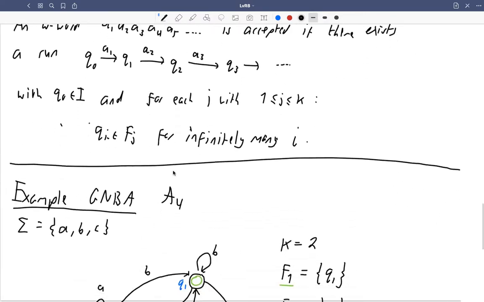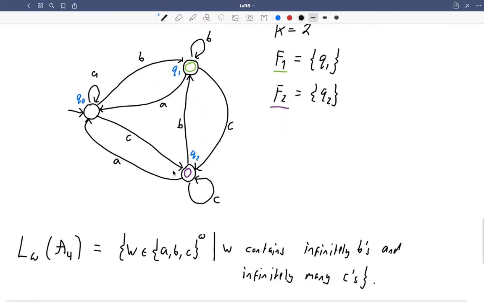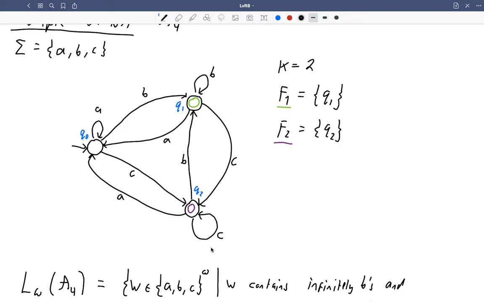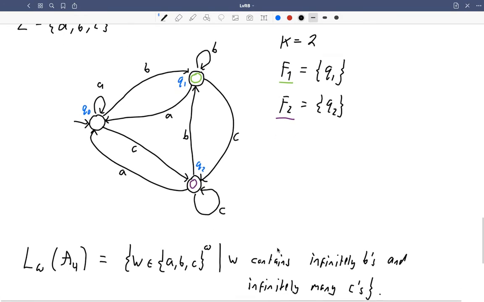And then we have the generalized non-deterministic Büchi automata that only differed in that they had not just one set of final states, but potentially more sets of final states. So this particular one had two sets of final states, both singleton sets, and the acceptance condition for the automaton was defined using the different sets of final states.